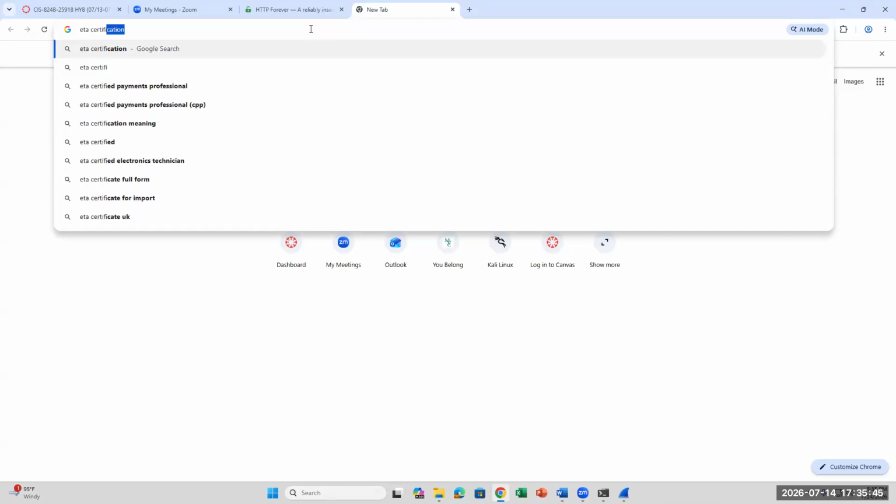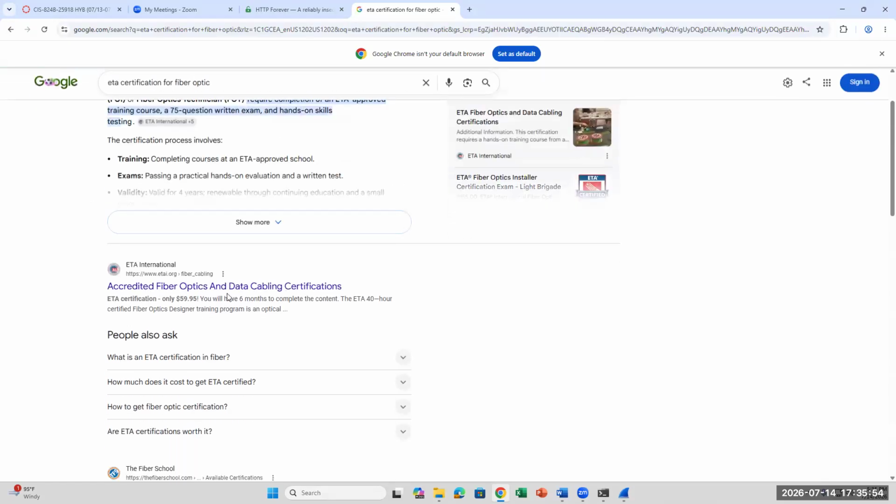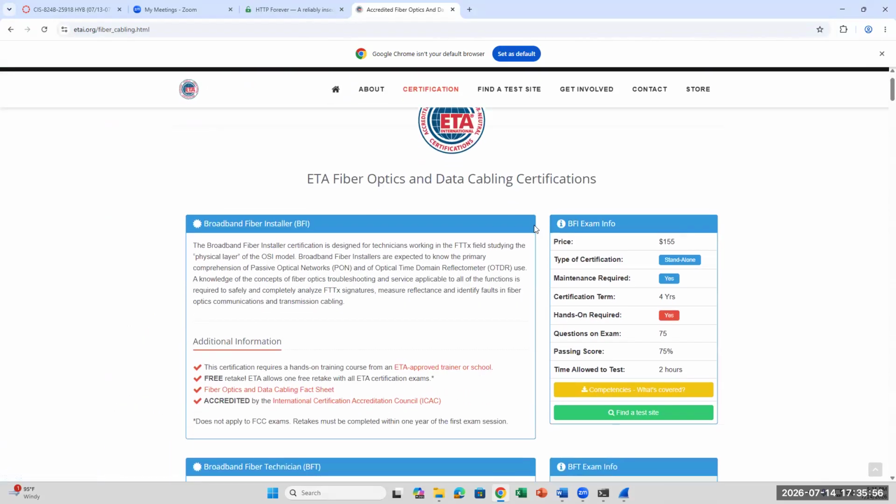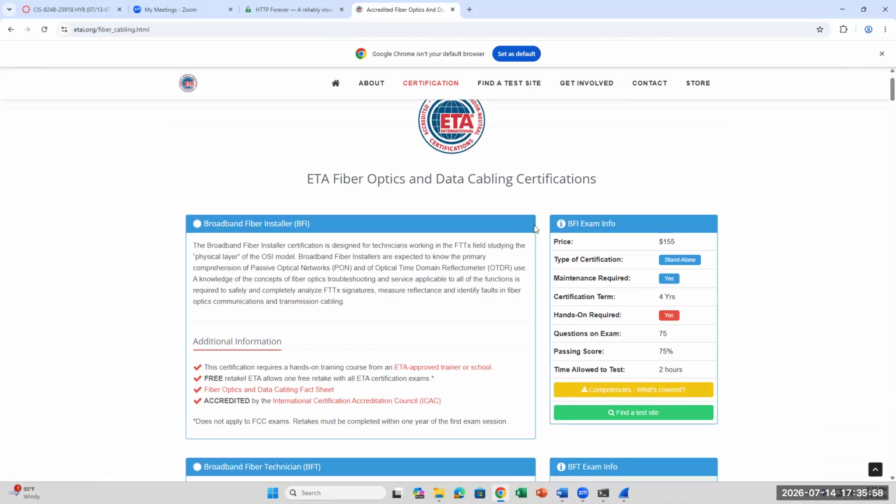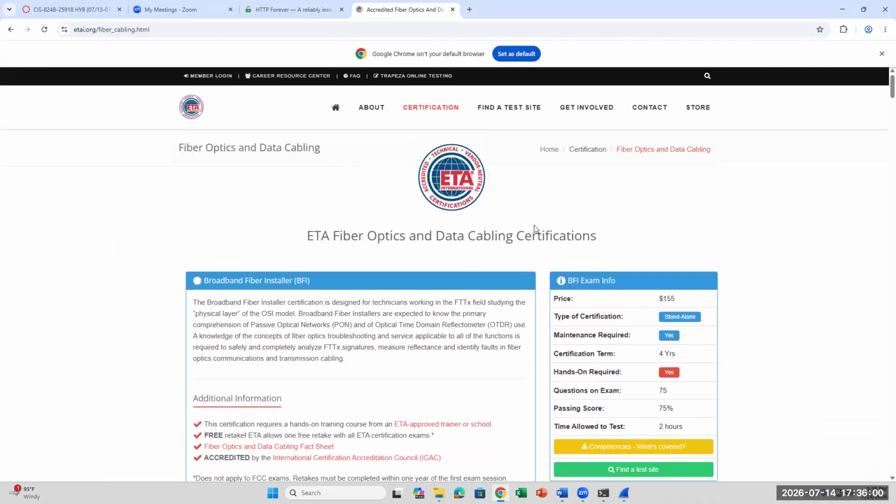You can search for the certification for fiber optic, which is called ETA, and you will find their website. You can buy their book to study about cabling. I think it's fairly affordable and it tells you what you need to do.